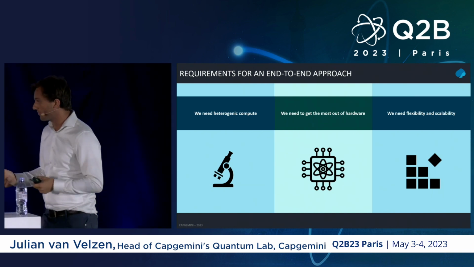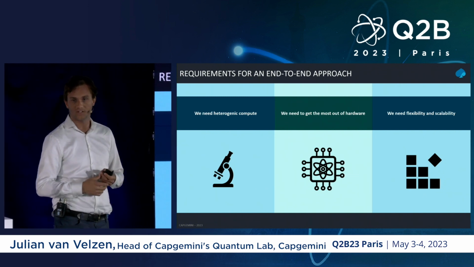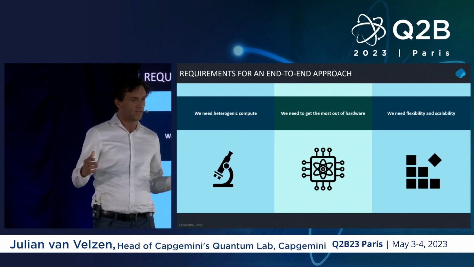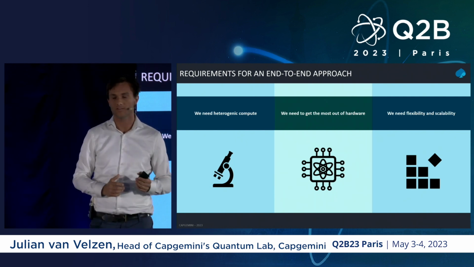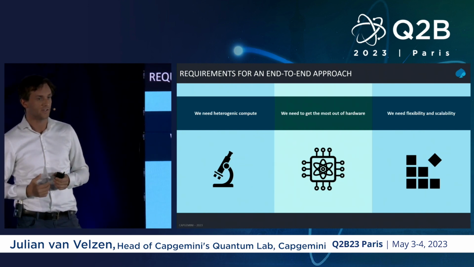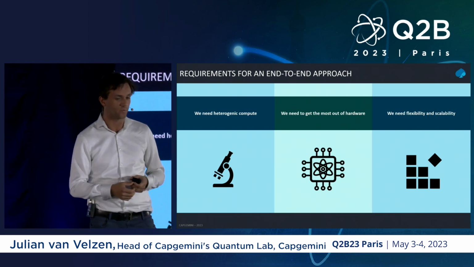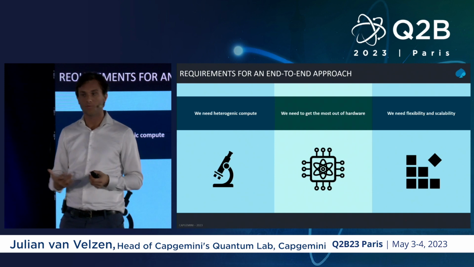We need to get the most out of hardware, obviously, and we heard about error mitigation and error correction before. But we also need to think about how we can specialize the quantum computer at the core where it's most needed, for example because we see strong correlations that are very difficult to address with a classical computer.